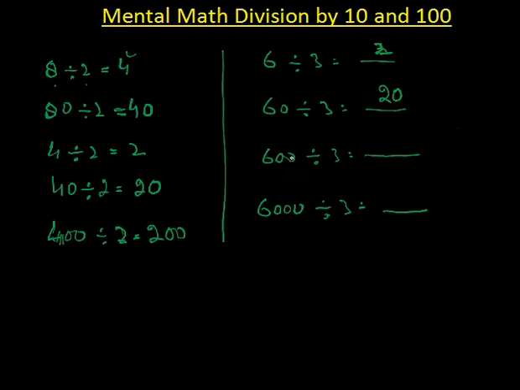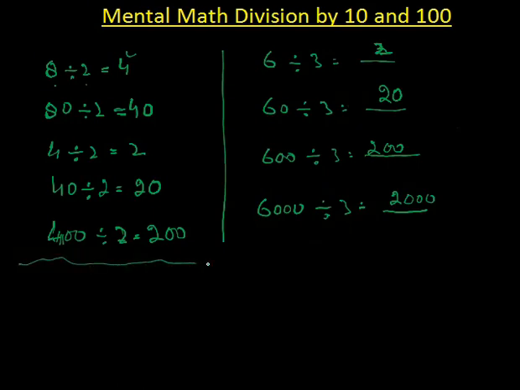Similarly, when the two 0s are here and the 1 digit we divide by 3, it becomes 3 times 2 is 6, and the two 0s are here, so we add two 0s here, and when we multiply 200 by 3, it becomes 600. Similarly, 3 times 2 is 6, and how many 0s are there? Three 0s, so we just add three 0s here. This is the mental math.